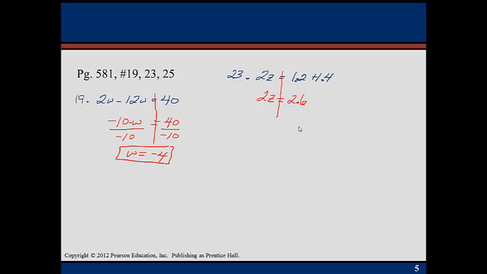Then we're solving for our z, so we need to move the 2, however it's multiplying by the z, so we're going to divide by 2 and make sure we do it on both sides. We'll be left with z equals, and then 2.6 divided by 2 is 1.3.